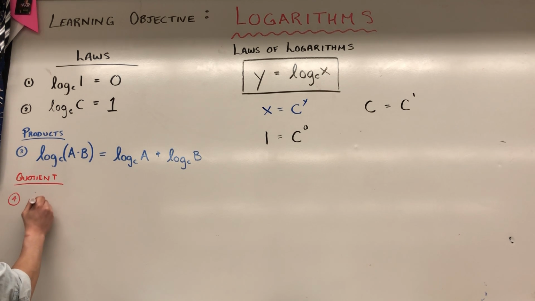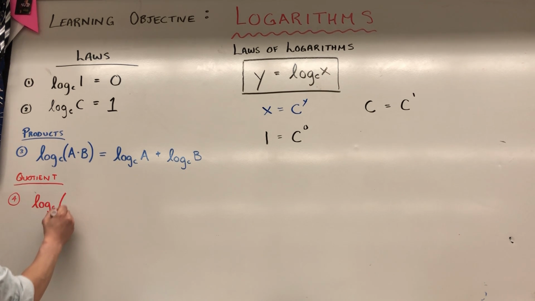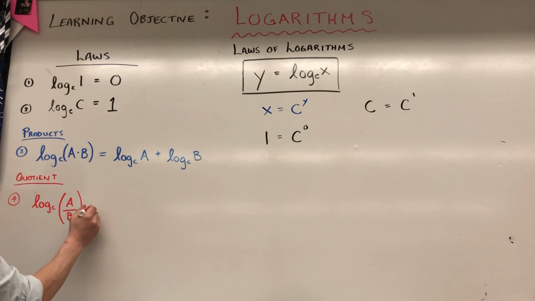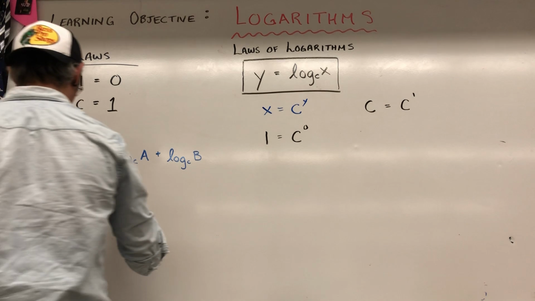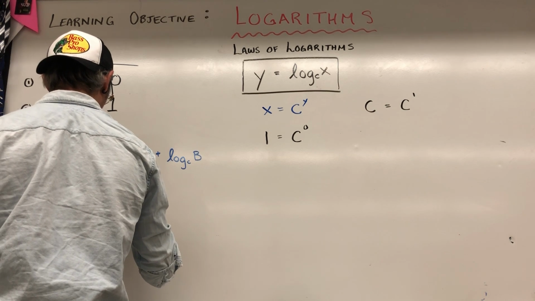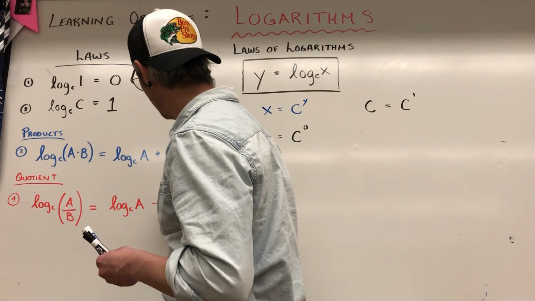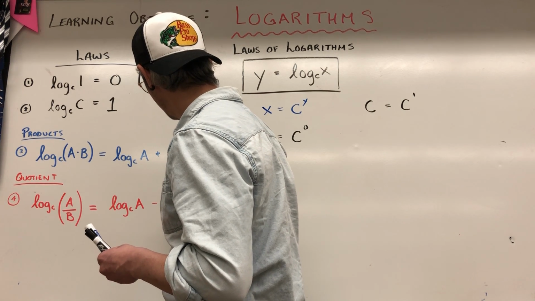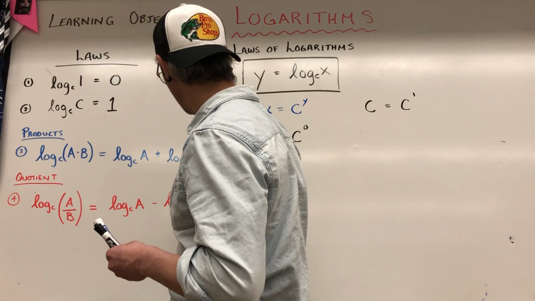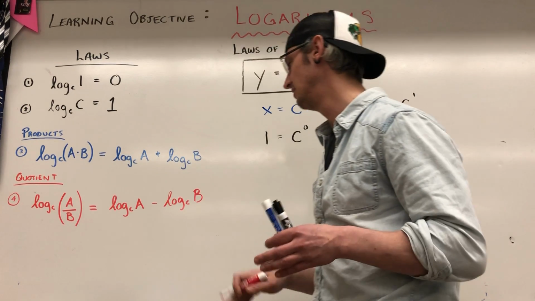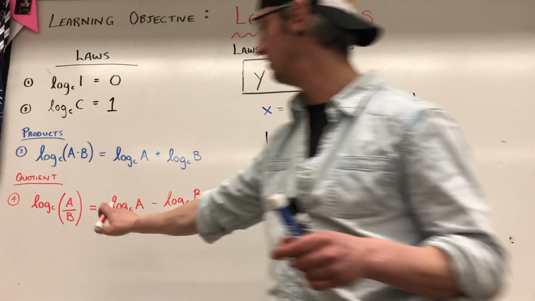So if I have log base c of a divided by b, that is the same as log base c of a, whatever's on top, minus my denominator, log the same base c of b. Now c can be any base. Okay, we see that, we can rewrite this as that.